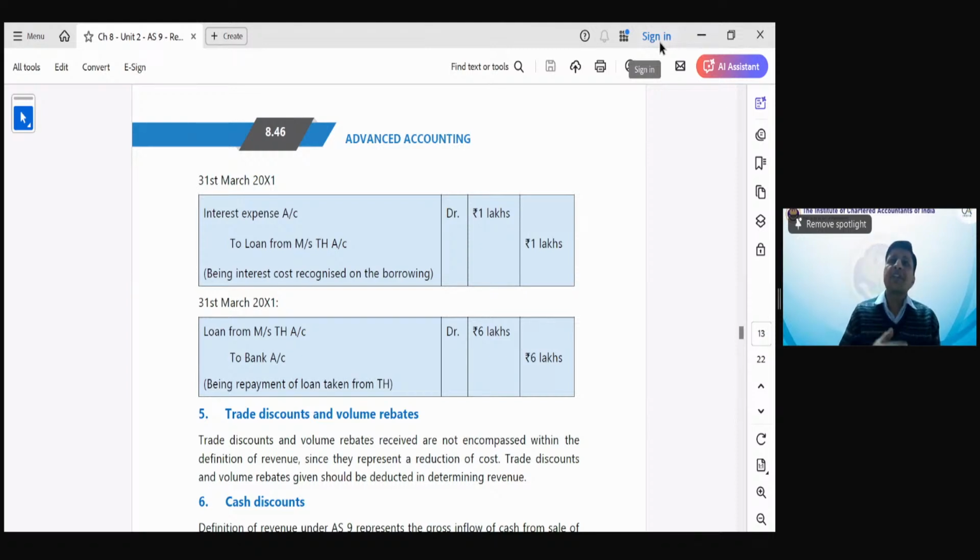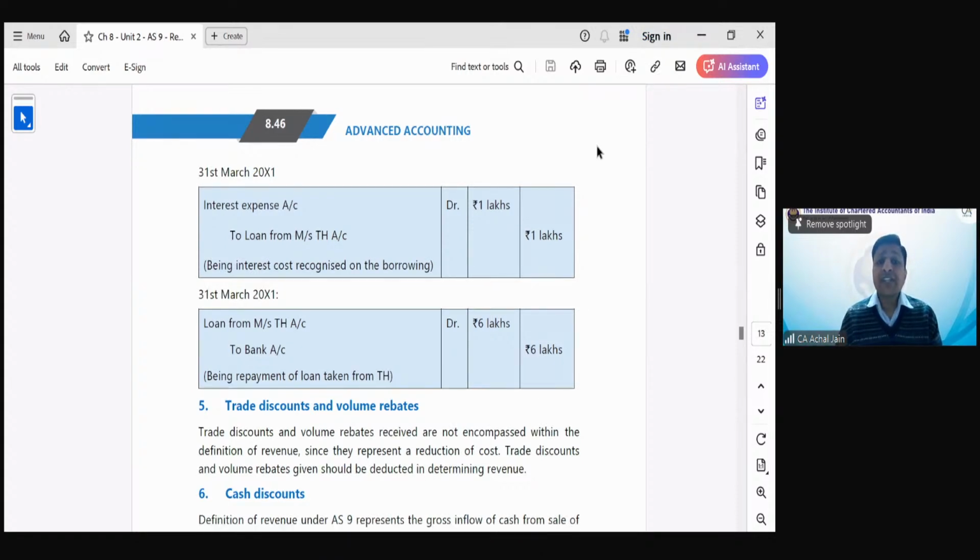A trade discount is a discount offered on the invoice itself, or volume rebates are given. These trade discounts or volume rebates are required to be deducted from revenue itself. You don't record that as an expense. You will reduce the amount of revenue.